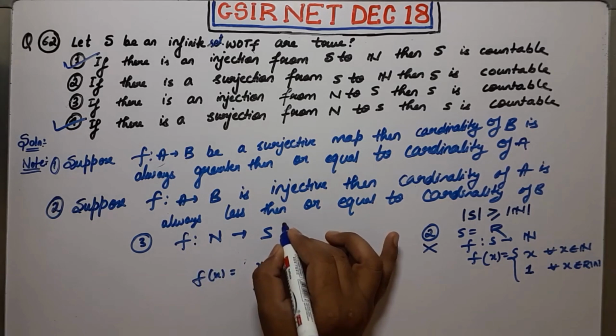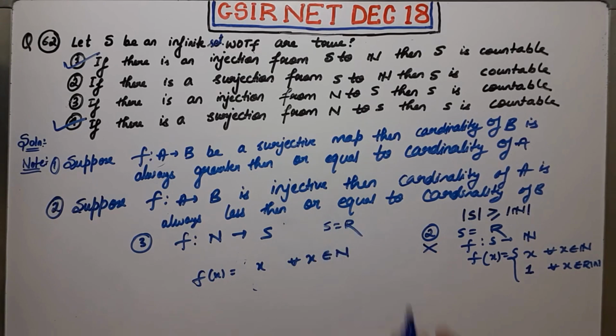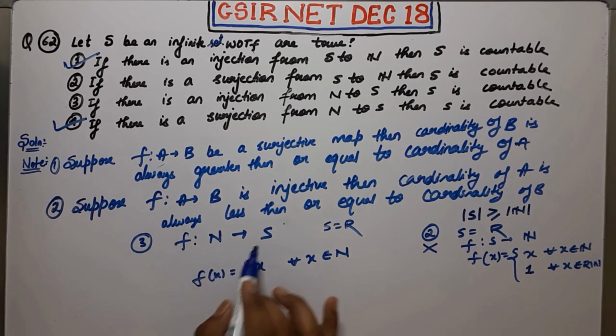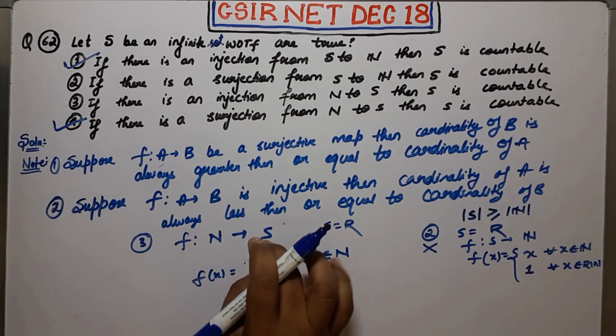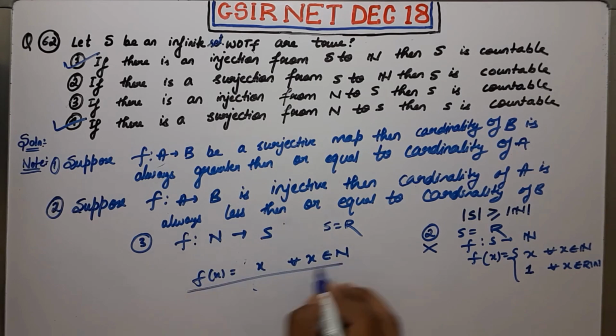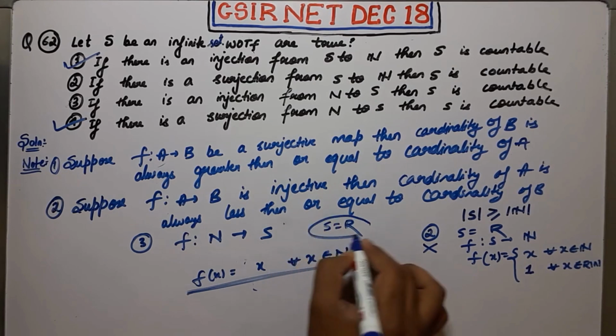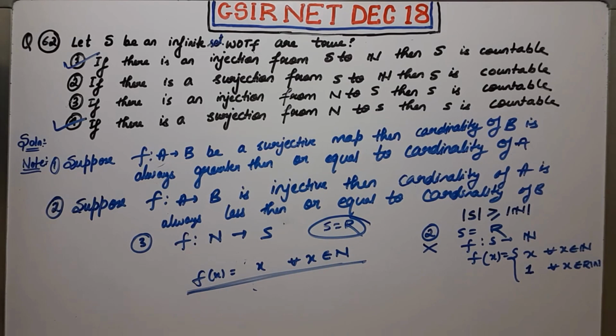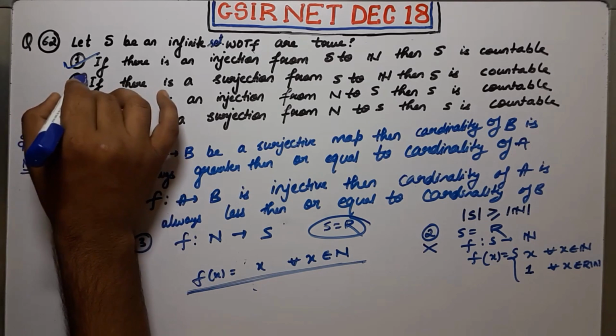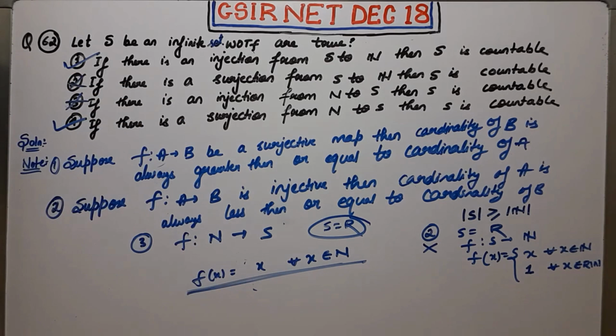I am considering S to be R. Now you see f(x) = x, that means you are mapping naturals to naturals. So you see this map is an injective map, but S equal to R is not a countable set. So third is false and second is also false. So first and fourth are correct. Okay, so thank you guys.